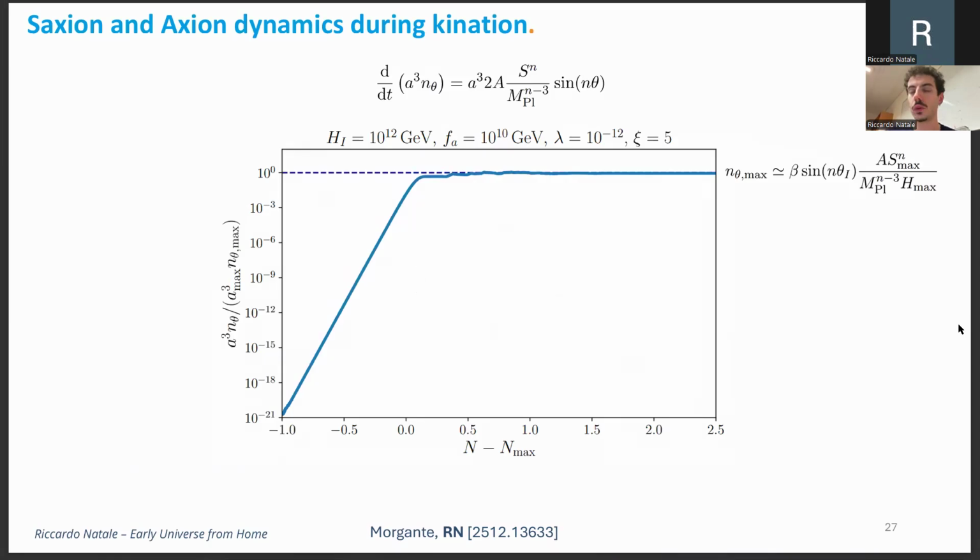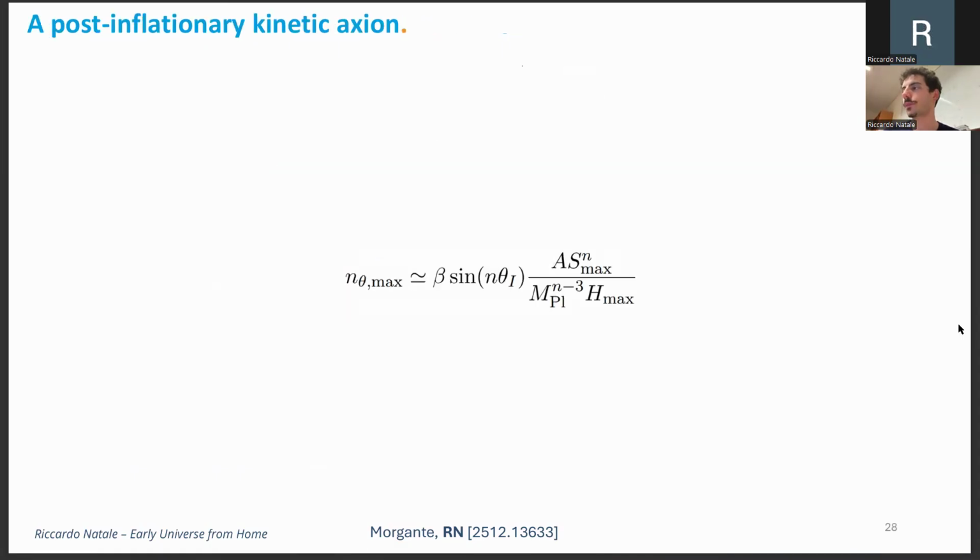And we can numerically solve these equations and compute the charge that we produce during the displacement of this axion. And it's interesting that this charge depends on the direction that the axion selects at the moment of the spontaneous symmetry breaking. So as you can see here, there is a dependence on the angle that the axion selects.